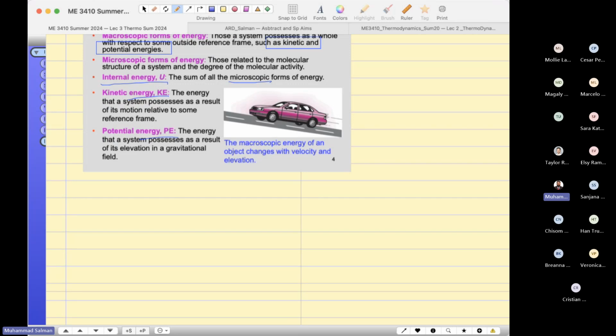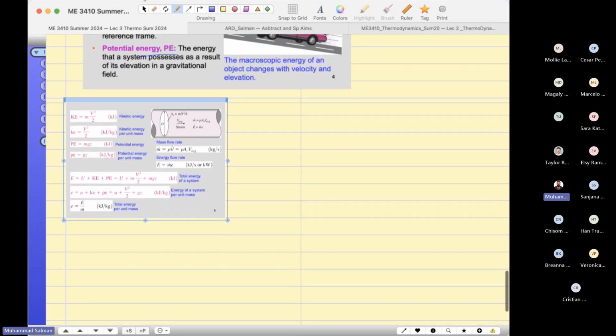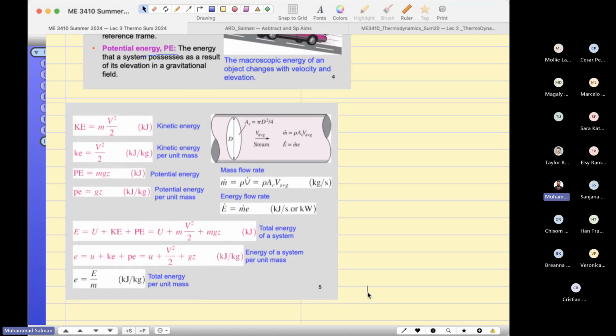Okay, so let's see this next slide. These are the formulae of different kinds of energy. For example, you guys have studied kinetic energy, half mv square, but specific kinetic energy is v square over 2. And kilojoules means you will have to divide by 1000.